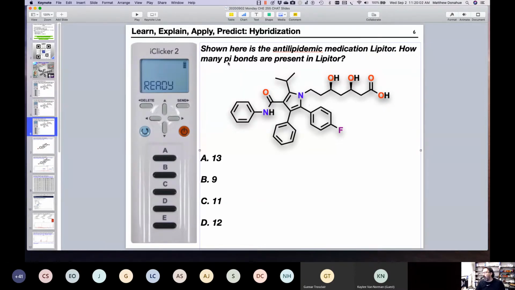Okay, so how many pi bonds are present in Lipitor? Pi bonds, double bonds.